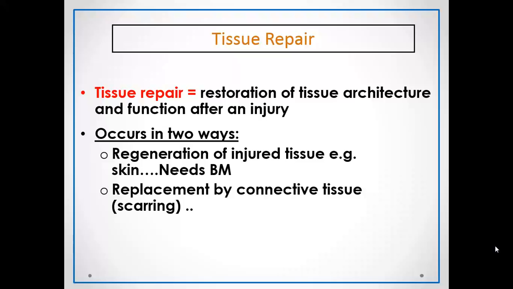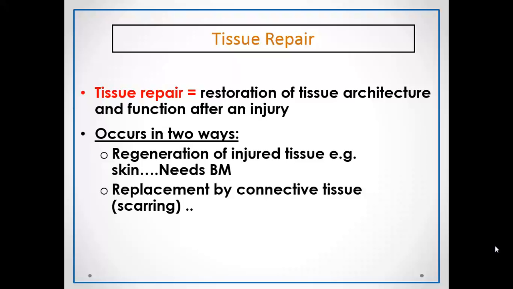What is the type of tissue responsible for replacing any other injured tissue? It's the connective tissue. So replacement by connective tissue is the other way in tissue repair, and we use it only if the cells cannot regenerate, or if there is great affection to the extracellular matrix.